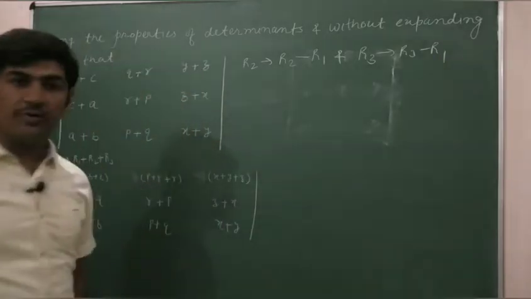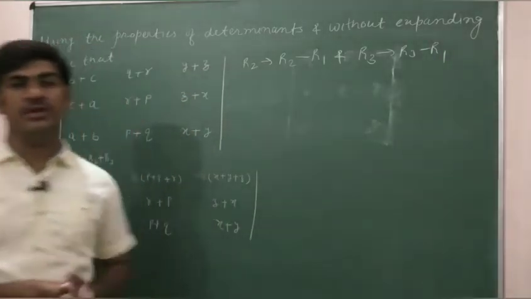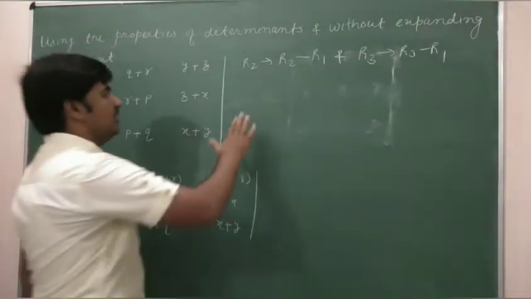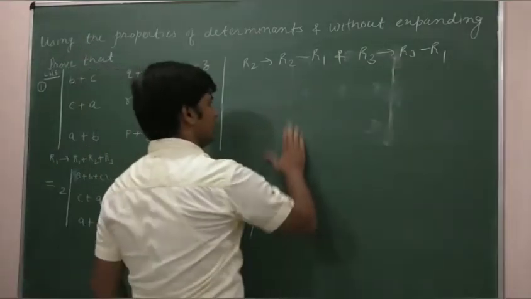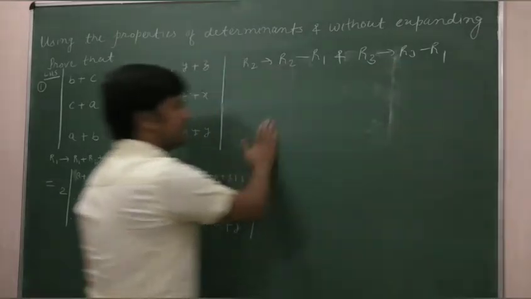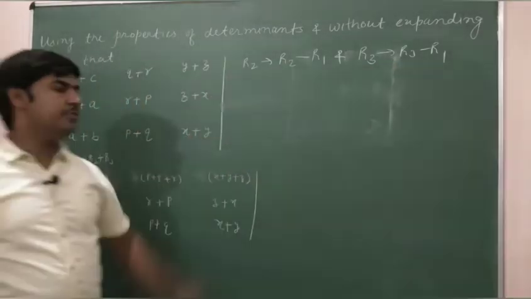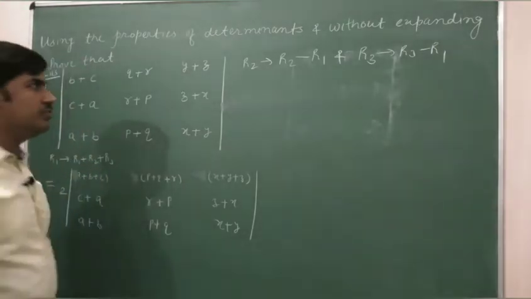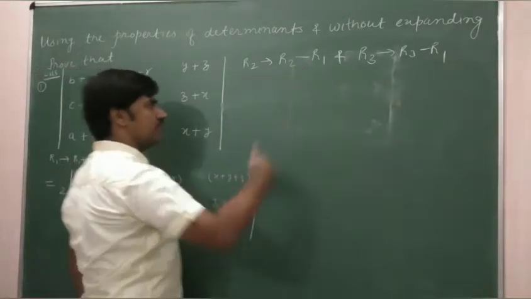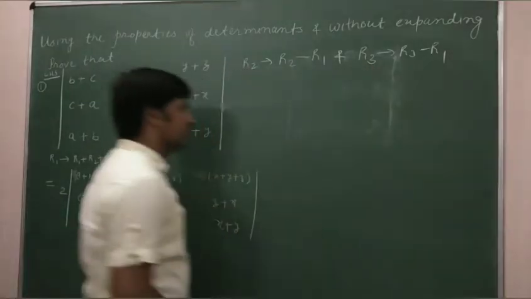Dear students, you are not to use two properties together, as you can commit a mistake. Here I am sure that I am not going to commit any mistake, therefore I am using these two properties together. You are not to use these two properties together. In one step you have to use this particular property, and then in the next step you have to use this particular property.